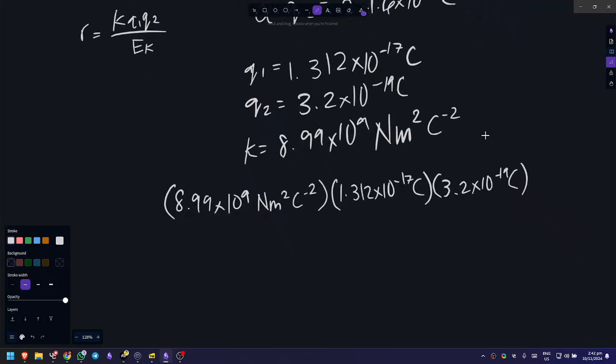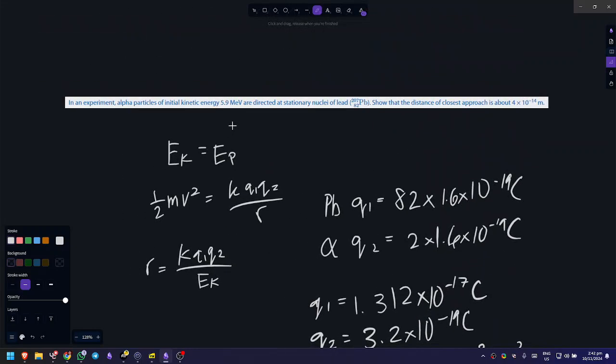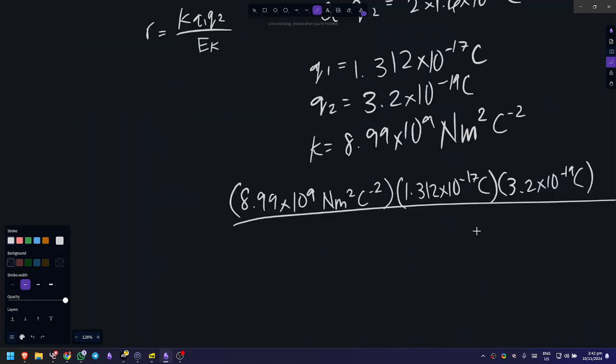All of that is over the initial kinetic energy that we were given, which is 5.9 megaelectron volt.